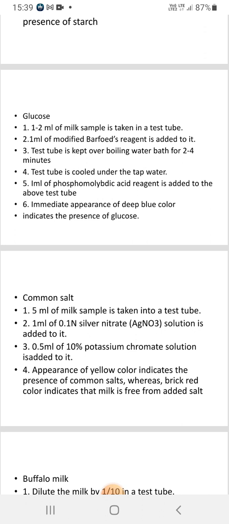So when silver nitrate reacts with sodium chloride, it gives what? It gives silver chloride. And then if we add potassium chromate to it, then the appearance of yellow color indicates the presence of common salt.